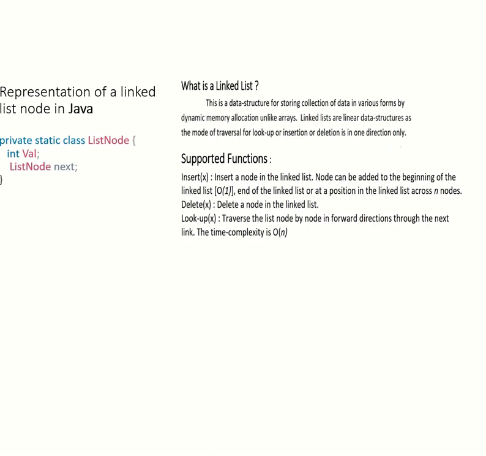And then finally, we have the lookup function, which is essentially the search operation to fetch or get a node at a given index. We'll take a look at the linked list in action.